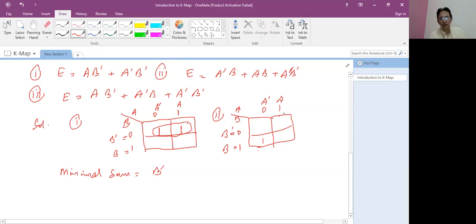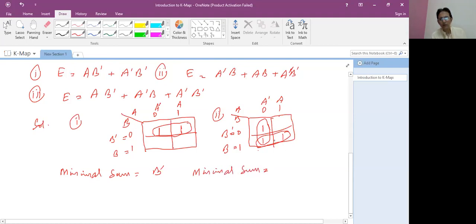The second one is A and B, both 1, in another cell. A complement B complement, this is 1. So there are, student, 2 loops. What was the minimal sum?